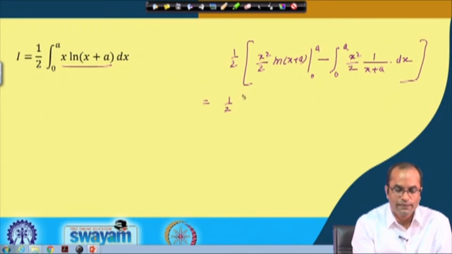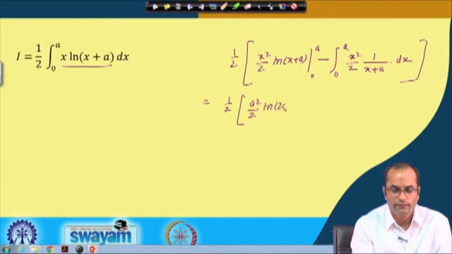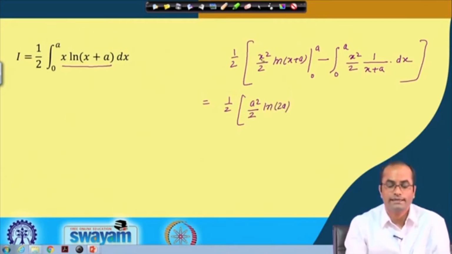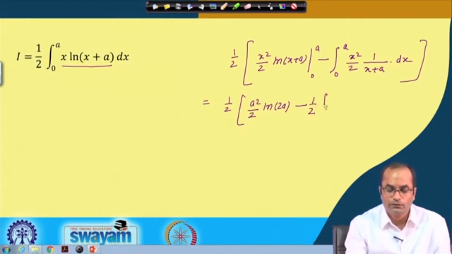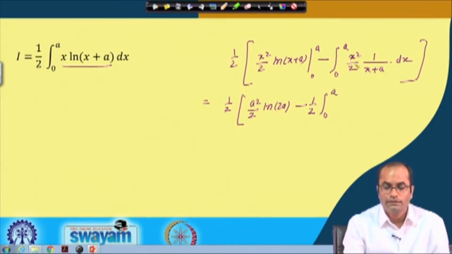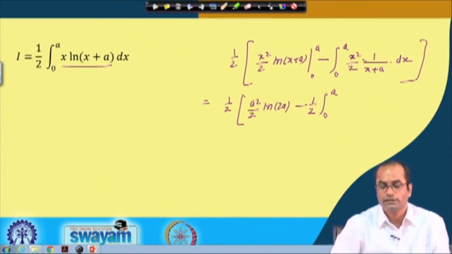So, half, and then the upper limit x: a squared by 2 and ln 2a, minus this 0 because of this x, and then we have a minus sign with half, and this from 0 to a, this x squared. So, I am adding here plus a squared minus a squared.